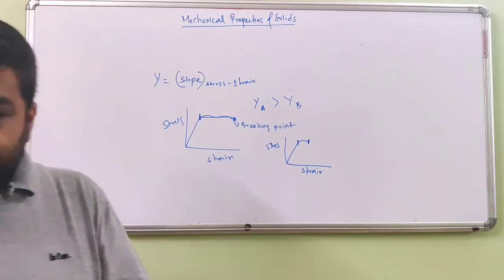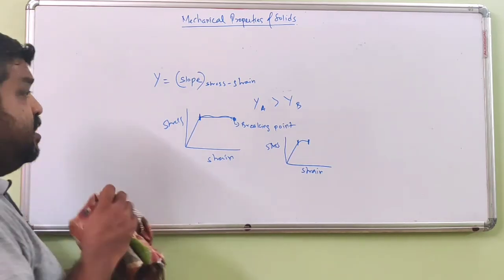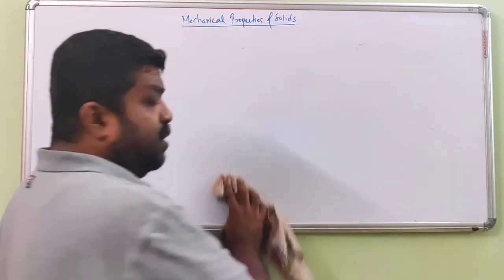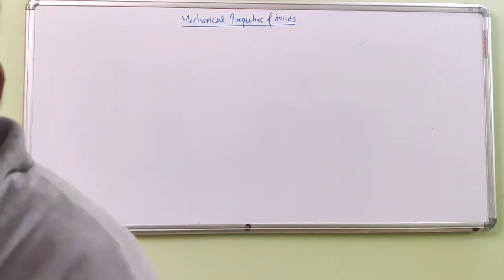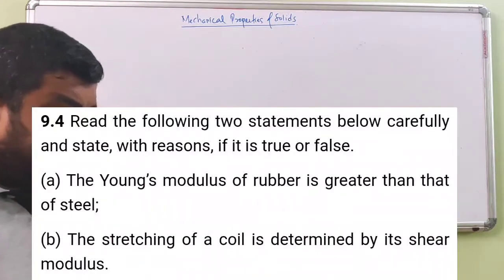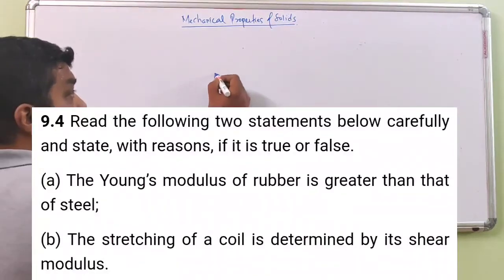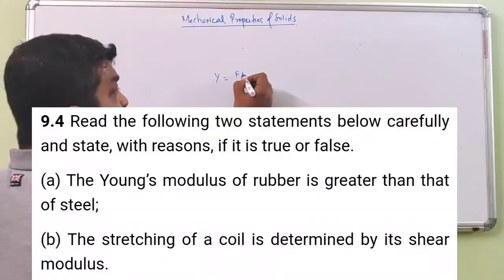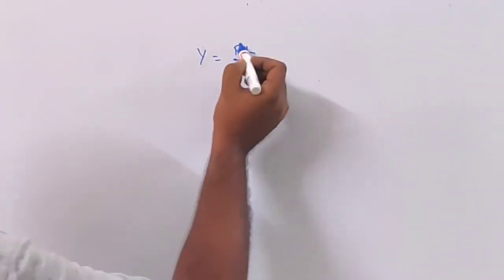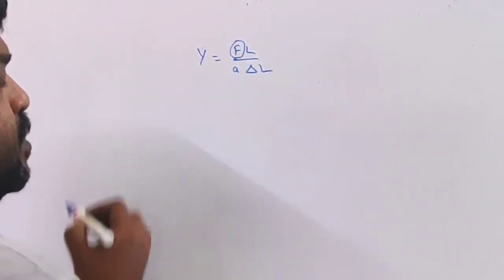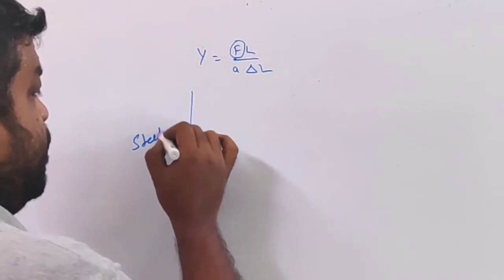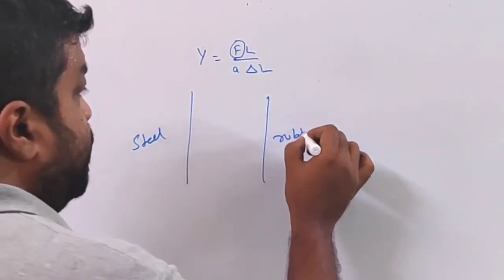Now question number 9.4 is a reasoning type question. You are asked true or false, and the reason. Like Young's modulus of rubber is greater than that of steel. See, Young's modulus is FL by A delta L. So that means suppose this is steel and this is rubber.